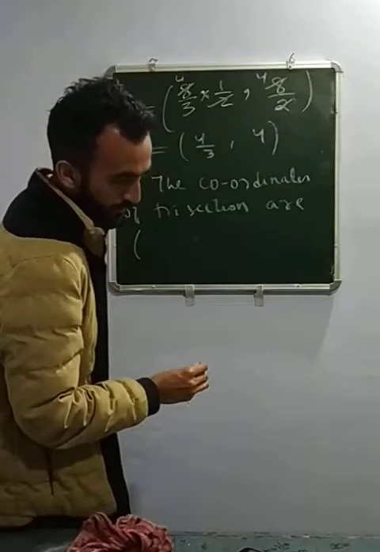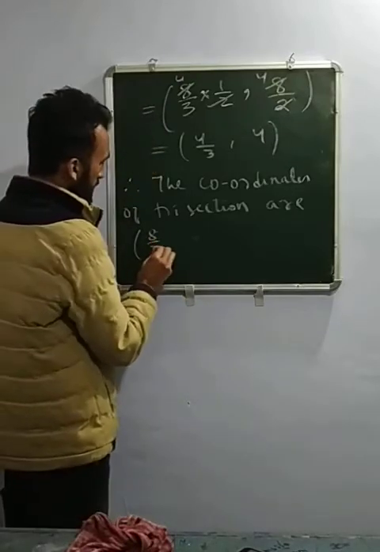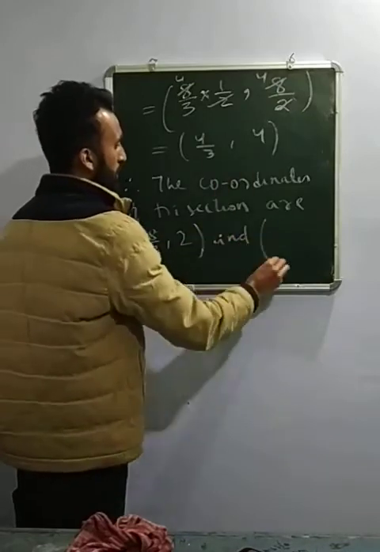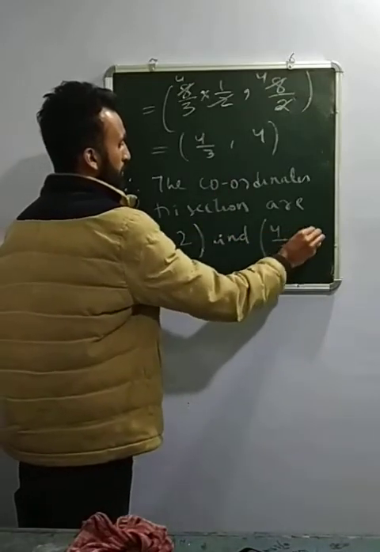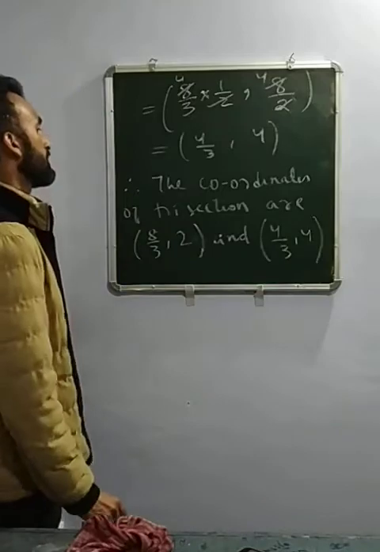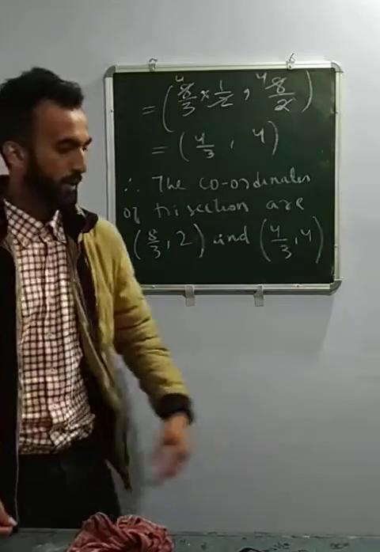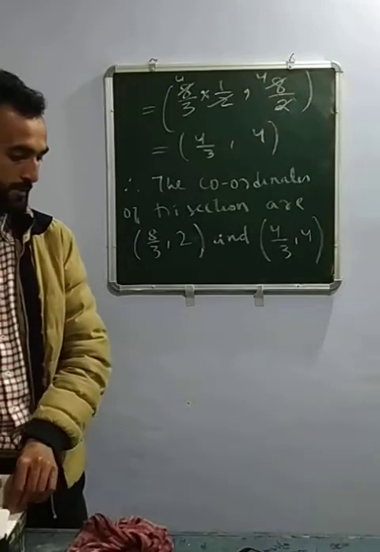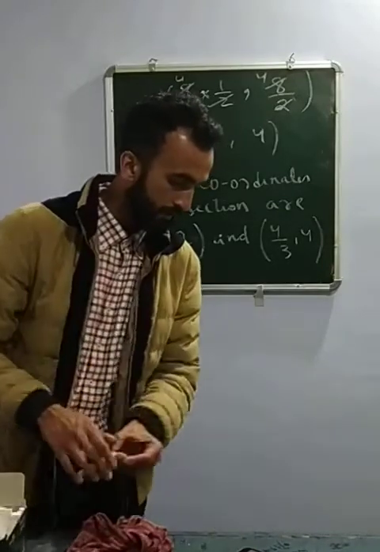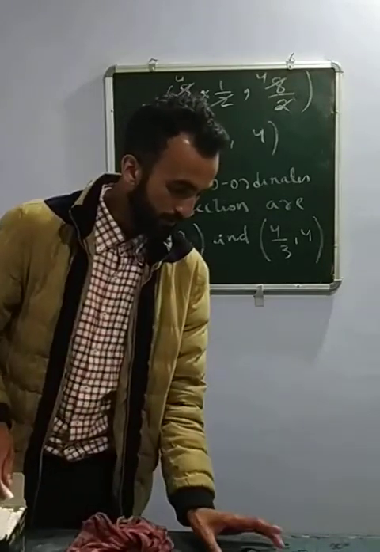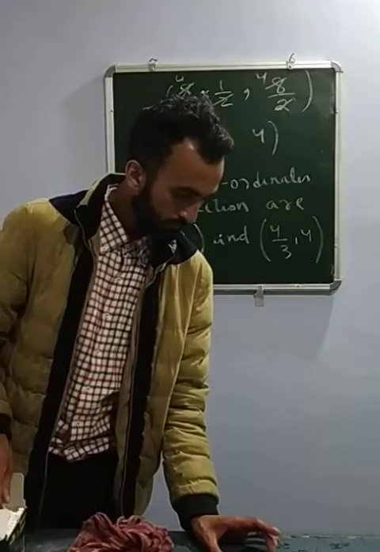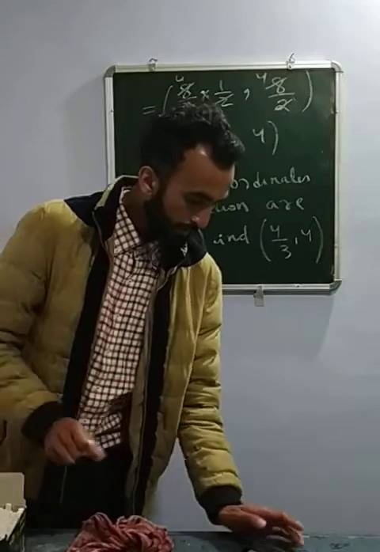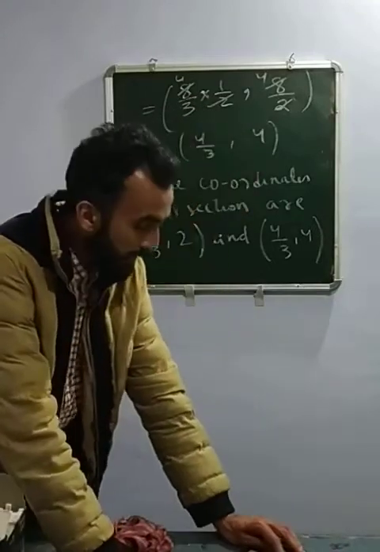In the first part it is 8 by 3 comma 2, and the second one is nothing but 4 by 3 comma 4. Remember, you should try out the next sum by yourself, and if you have any doubts, let me know. So this is the trisection part, and you are going to do the next sum by yourself.